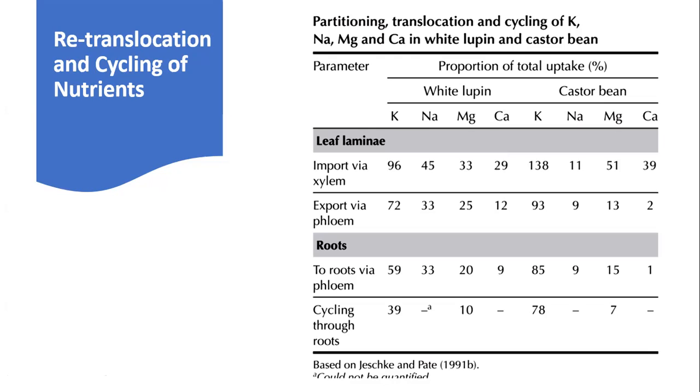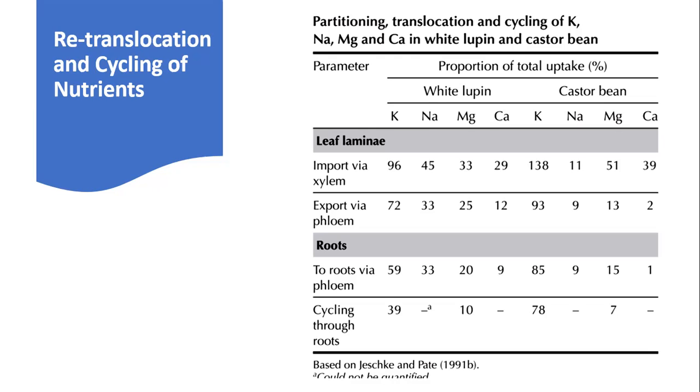So there is retranslocation and partitioning, but different plant species have different kinds of mechanisms for that. It means the retranslocation is not the same. That is also one sign of the resistance.